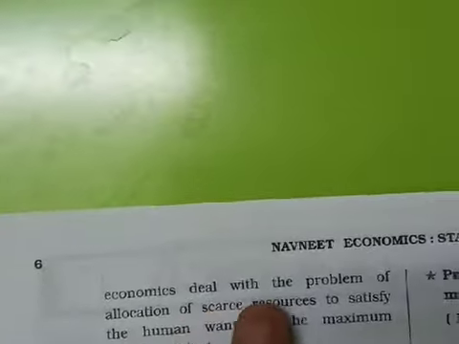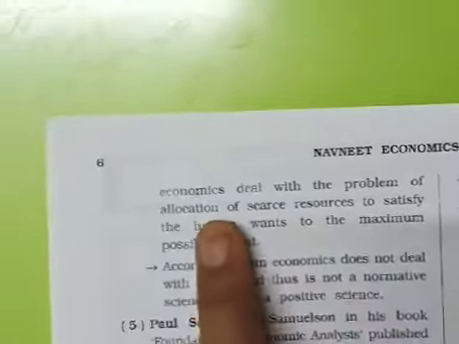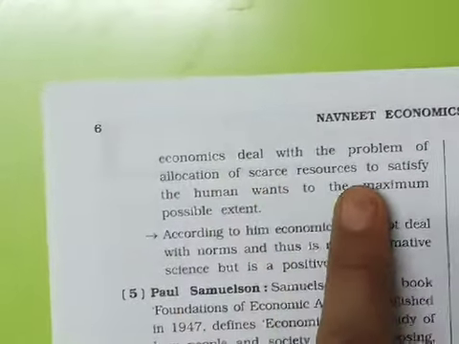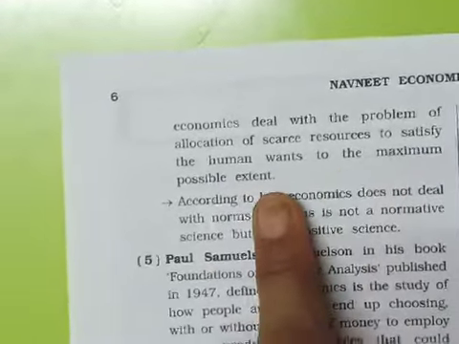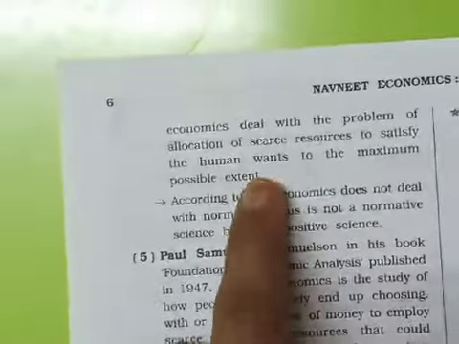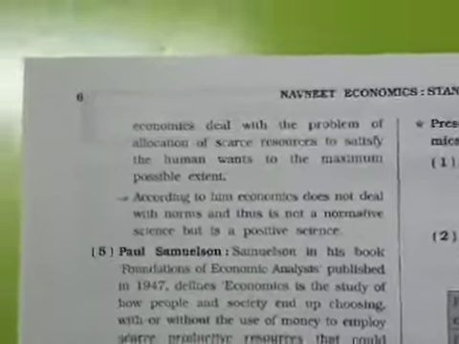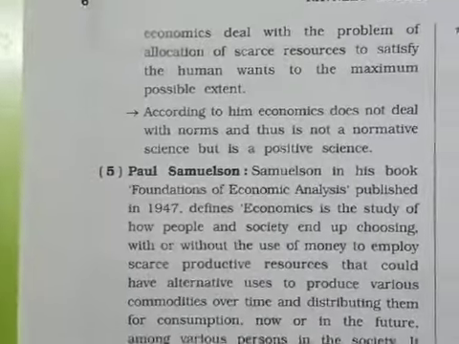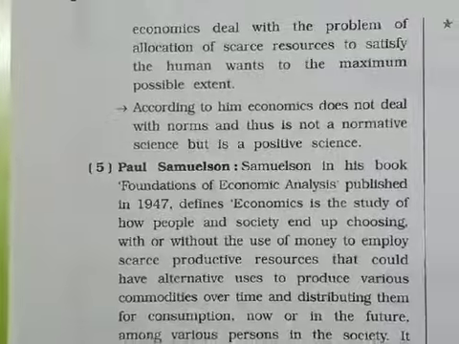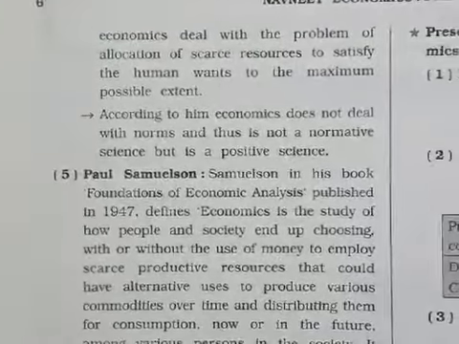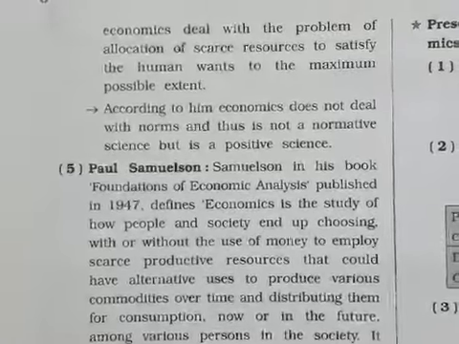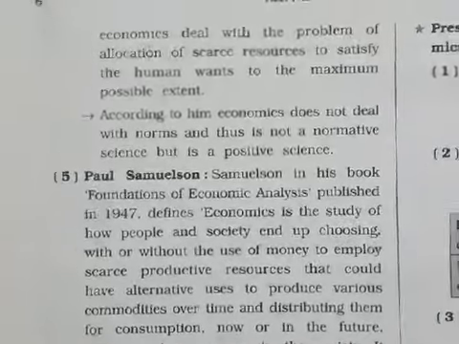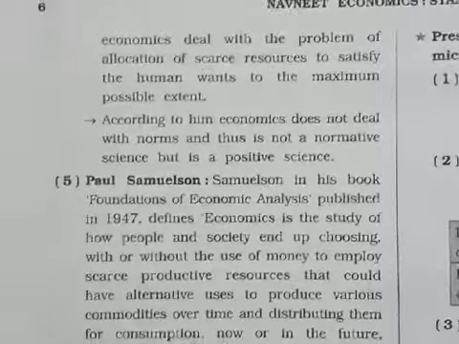Hence, economics deals with the problem of allocation of scarce resources to satisfy human wants to the maximum possible extent. I would like to explain this point here, that whatever resources we are using to satisfy our wants, all are limited, right? And somewhere we all know that they are going to be extinct very soon if we do not believe in using them in a planned way.